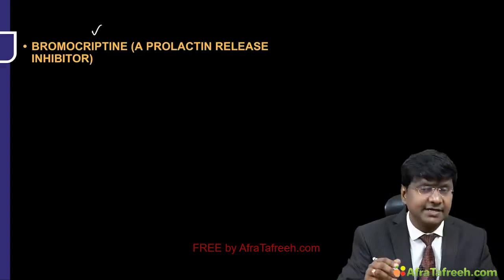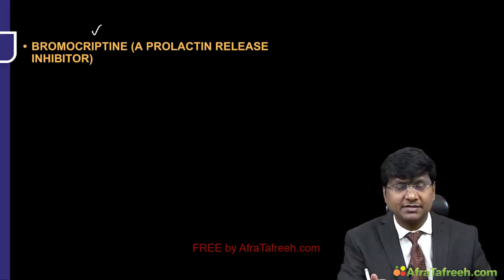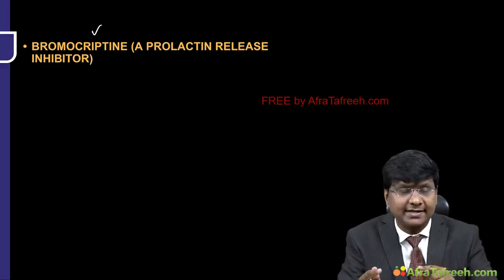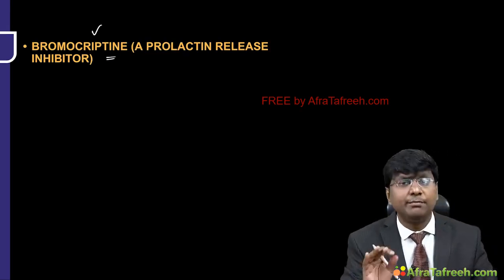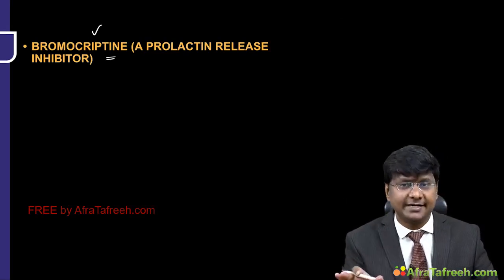Now, what did we discuss in the case of the vasculo-hormonal hypothesis? It is the prolactin which is being released that is responsible. The fragments which are released from the prolactin are responsible for the development of peripartum cardiomyopathy. So, you need to give bromocriptine. So, bromocriptine is what? It is a prolactin release inhibitor. Right?